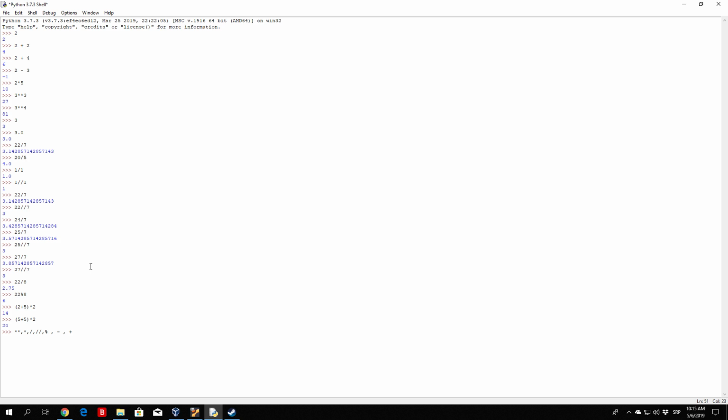So for example, let us give it a try. Let us try to divide and also multiply numbers at the same time. So if you go 2 times 2, and then slash 2. We know that in Python 3, this will be equal to first executing the multiplication and then the division.